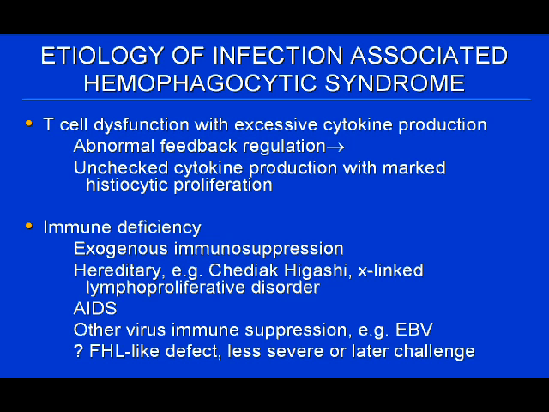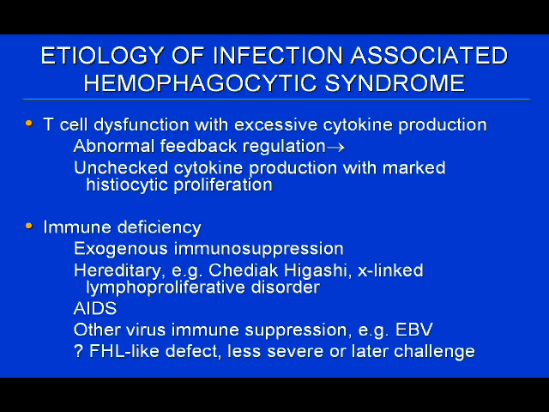What is the mechanism here? Well, it's not clear, but probably it's a very similar mechanism. We have T cell dysfunction with excessive cytokine production, from an abnormal feedback regulation, and unchecked cytokine production with marked histiocytic proliferation and basically the same sequelae.